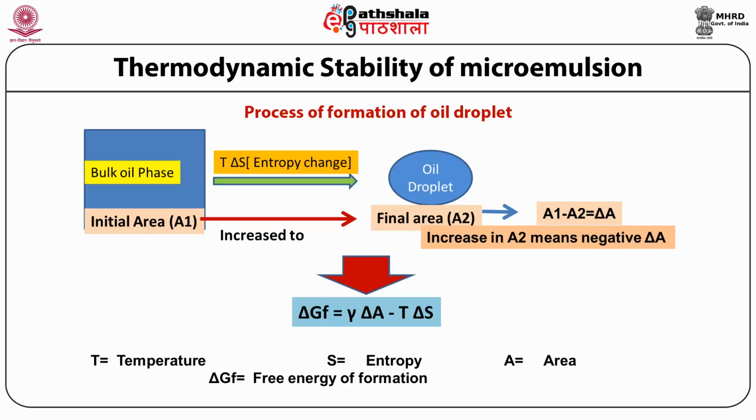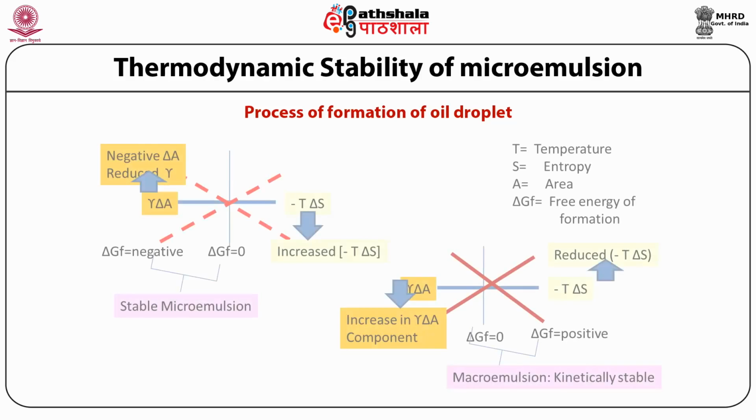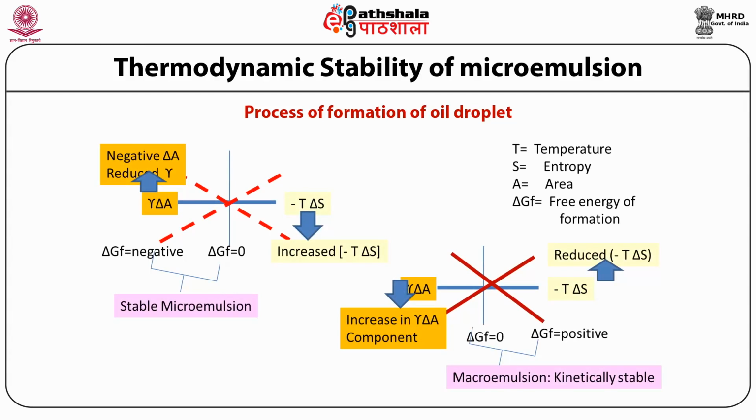So this equation is a very good equation that can be utilized in understanding the thermodynamic stability of a microemulsion. Now, to further utilize this equation, the two components of this equation are treated as two corners of a stick, and if there is an increase in delta A and a reduction in surface tension at the same time, that leads to an increase in entropy change.